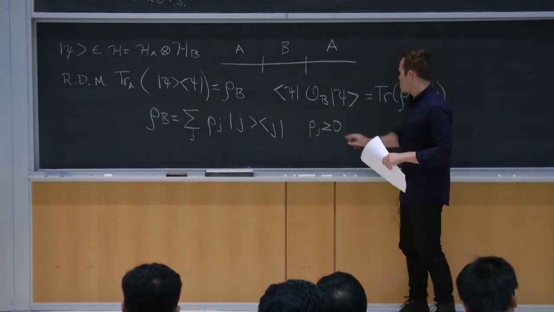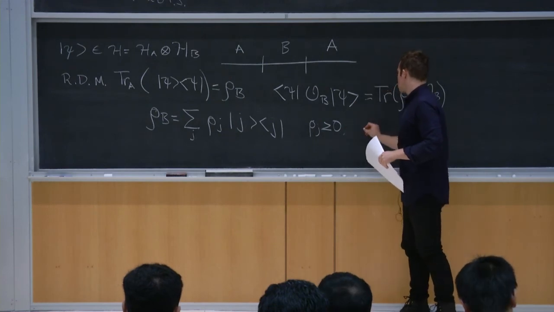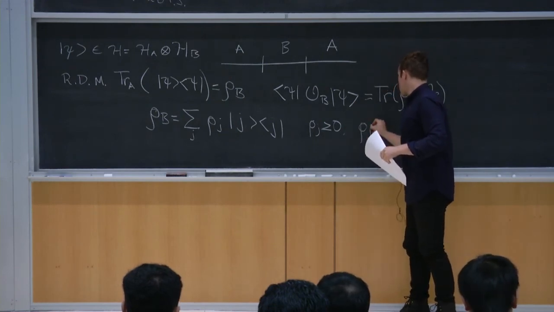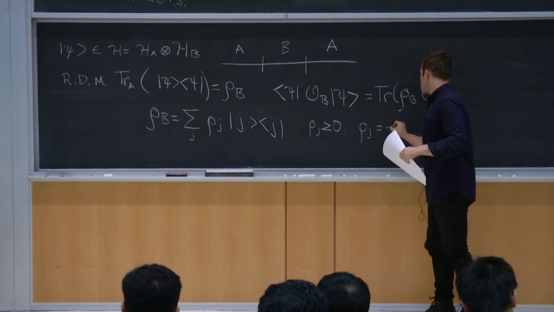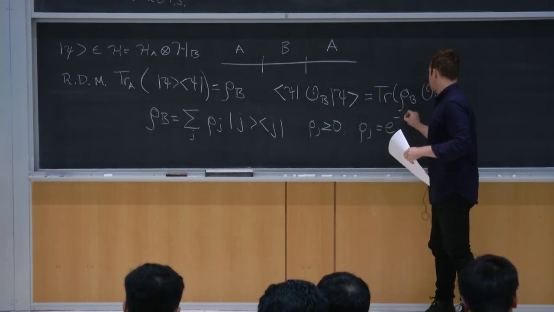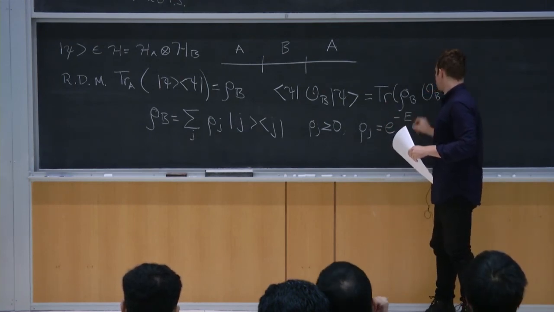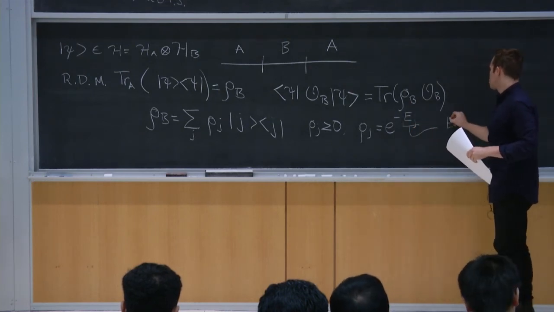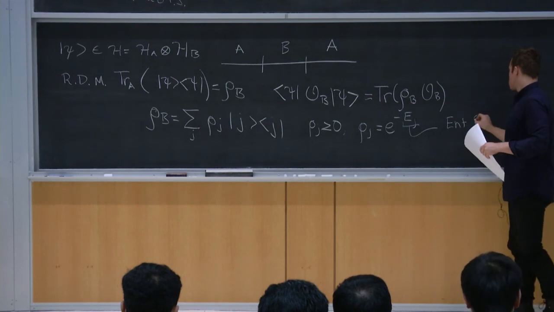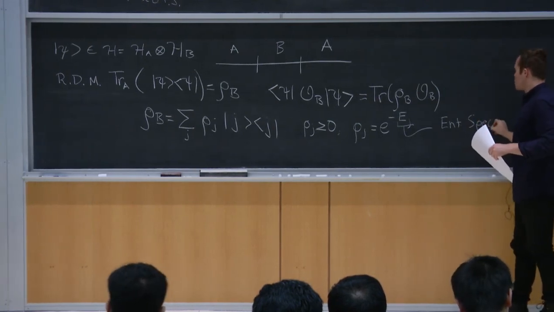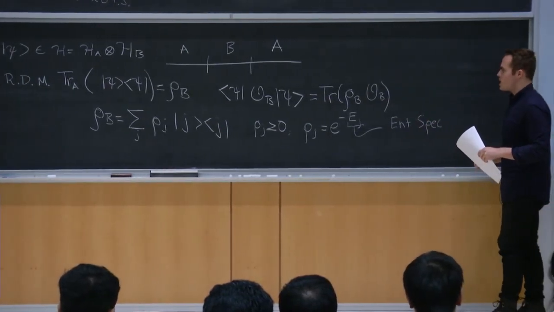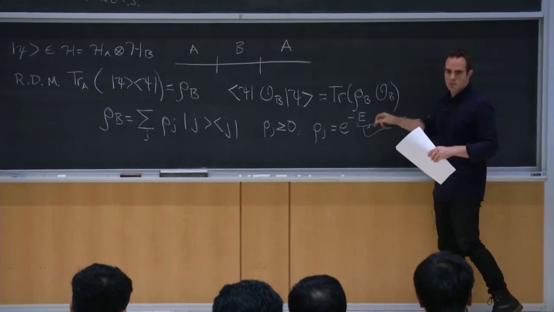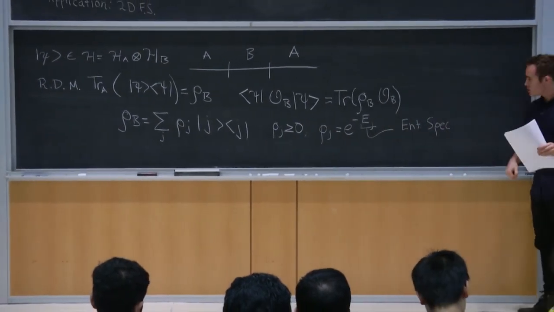And because they're all positive, some people like to rewrite this by imagining that it actually comes from some fictitious energy spectrum, so you can call it E_j. And then this spectrum of coefficients here is the entanglement spectrum. At least it was named this by Duncan Haldane in 2008, but people had been studying this spectrum decades before in quantum information.